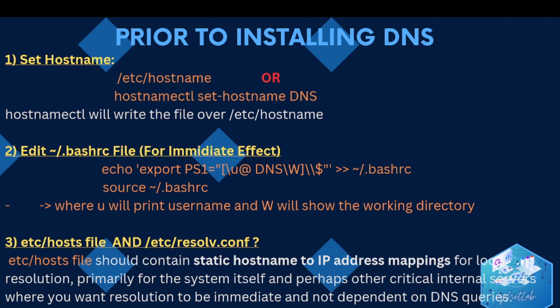So it is much more convenient to see who the user is and in which directory you currently are, instead of typing pwd every time to know your directory, who is logged in, and what the host name is. Maybe by mistake you are logging in to the other host. Otherwise, if you are not doing this, you need to restart, then you will see the DNS.